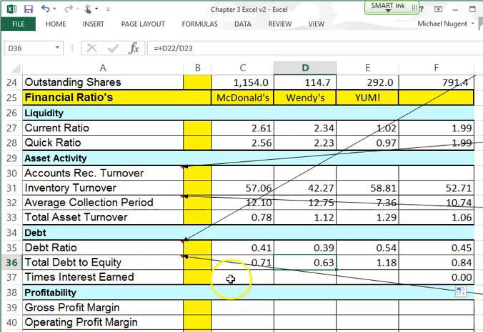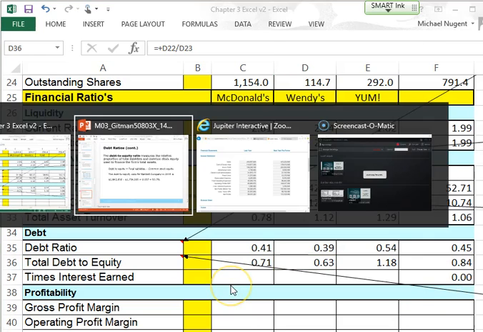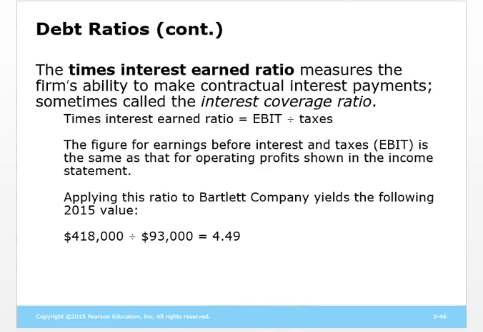Okay, let's see if that's next actually. Yes, good. Times interest earned. Here, we're looking at EBIT divided by taxes. So here I got a tax rate. I don't think I calculated total taxes.